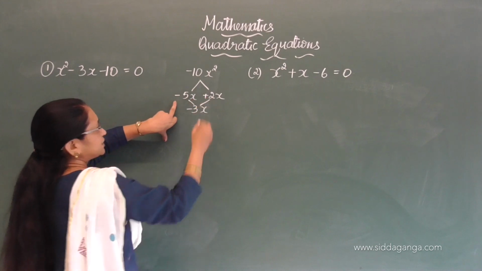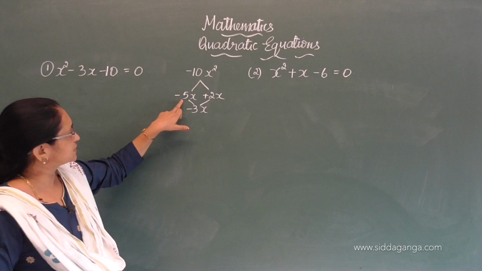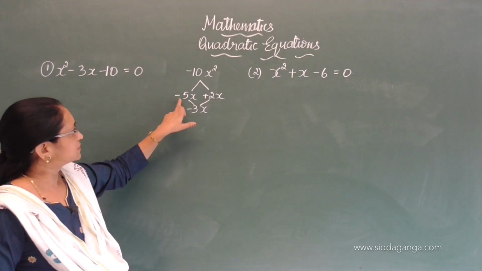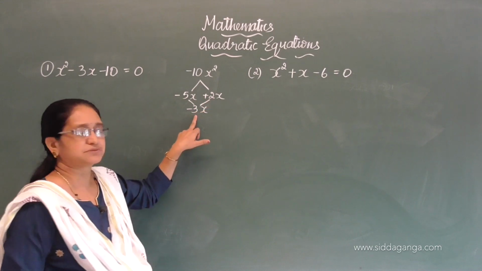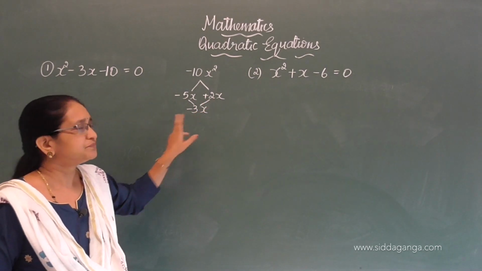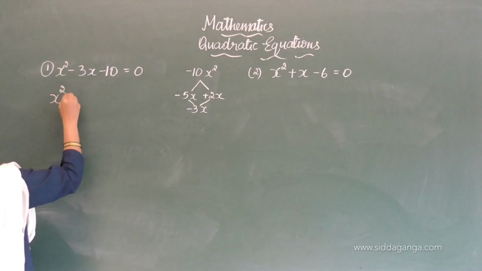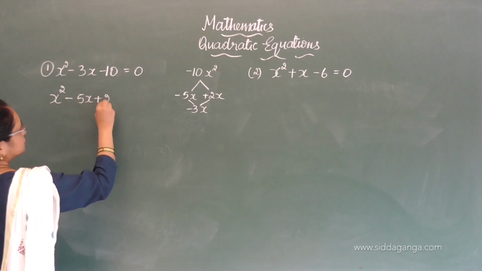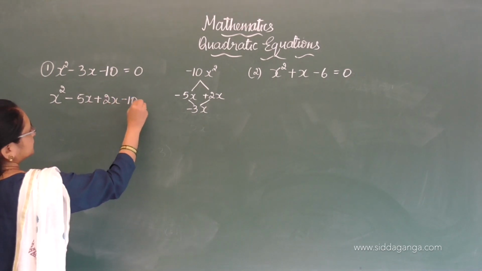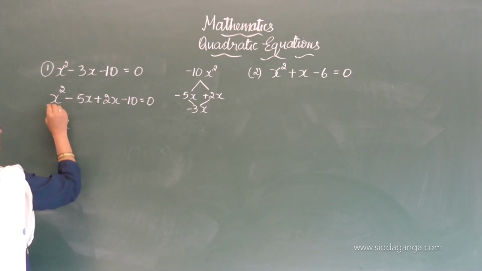Now when you add or subtract, here you are going to subtract. See, greater number sign is minus. So minus 5x plus 2x gives you minus 3x. Okay, try to recall. So here x square minus 5x plus 2x minus 10 is equal to 0, and here x is common.